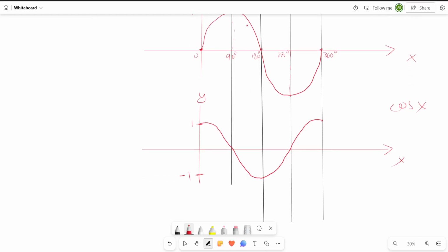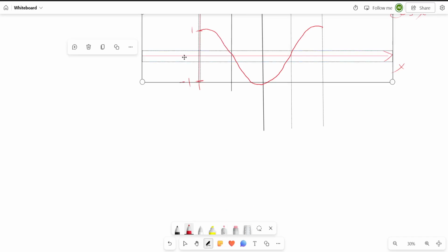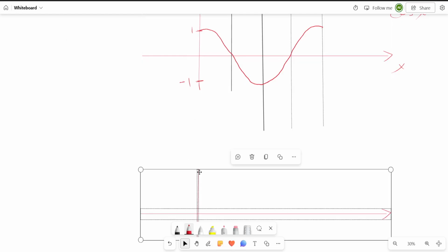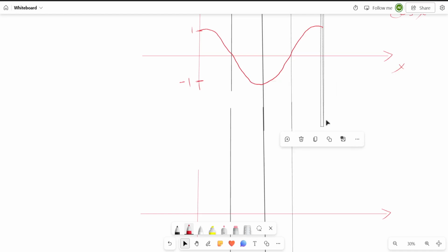These are the same boundaries, so let's include them and draw our tan. Let me extend these over here as well, to show you that they're the same boundaries.